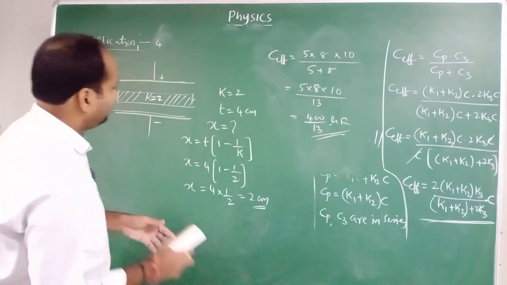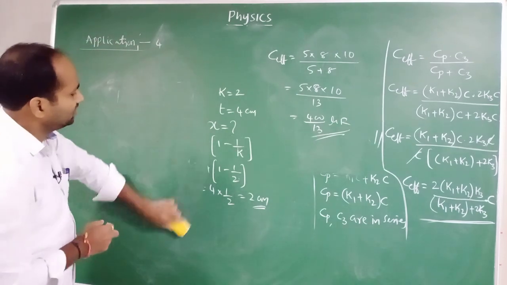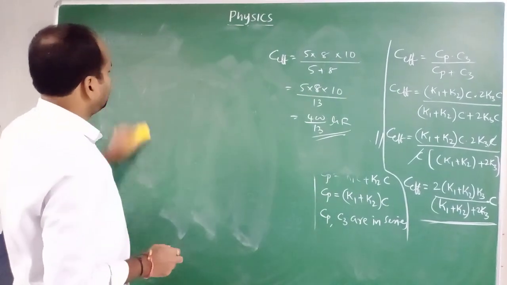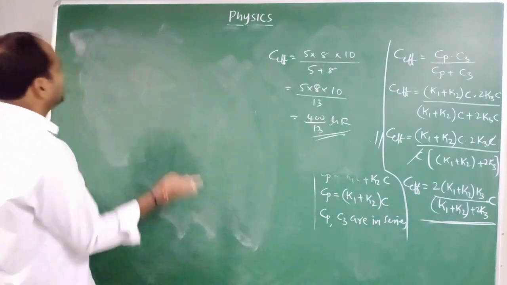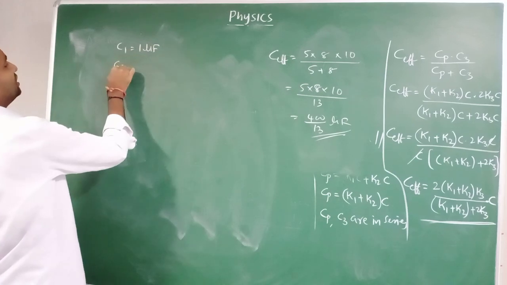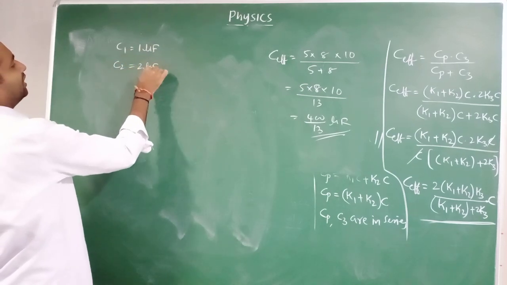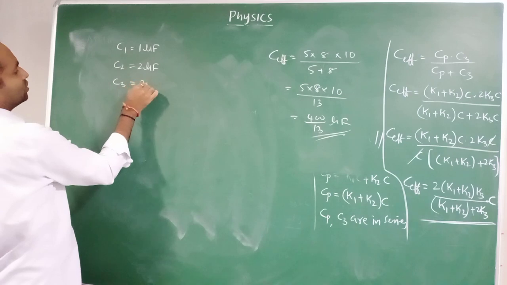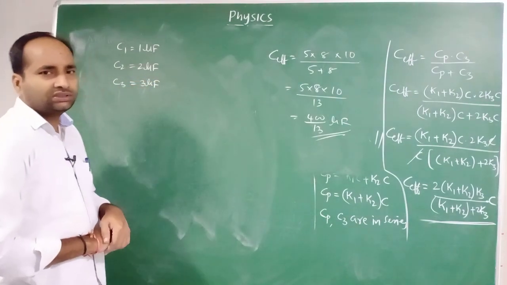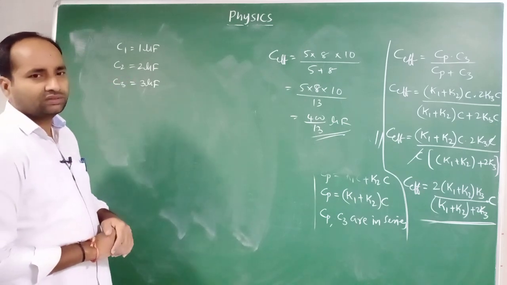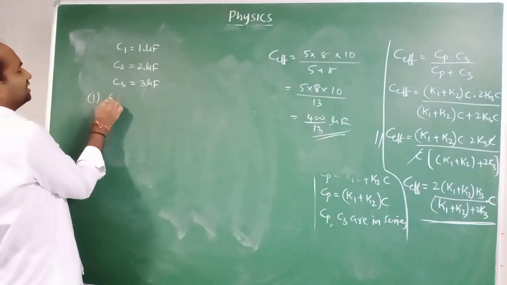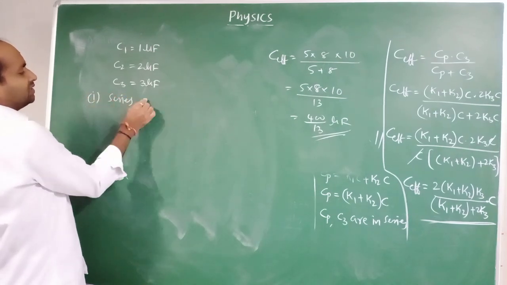Or another one: suppose three capacitors of capacitances C1 is equal to 1 microfarad, C2 is equal to 2 microfarad, and C3 is equal to 3 microfarad are connected in series combination.